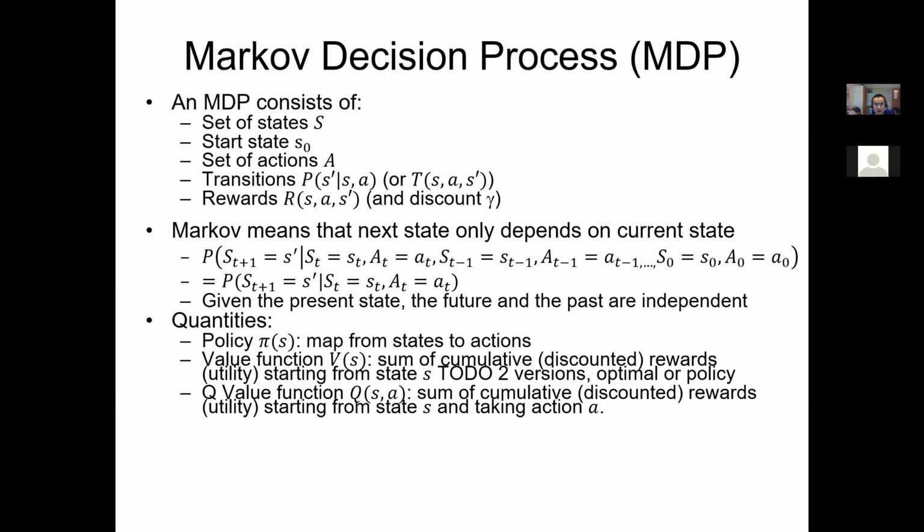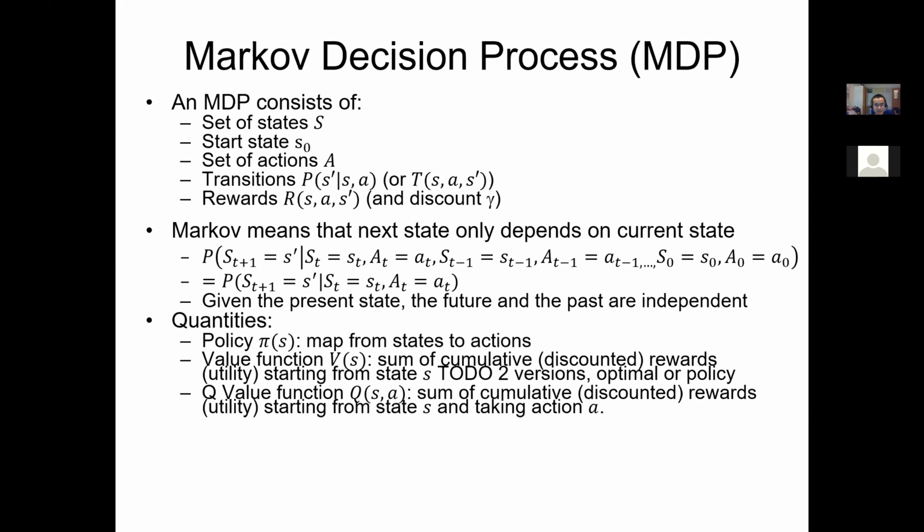You may have a long history of past states and actions, but the conditional probability distribution is only dependent on the current state S_t and current action A_t. So given the present state, the future and the past are independent.